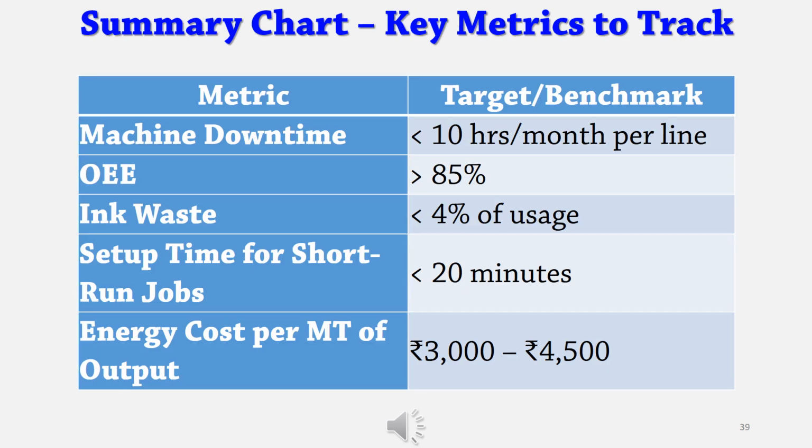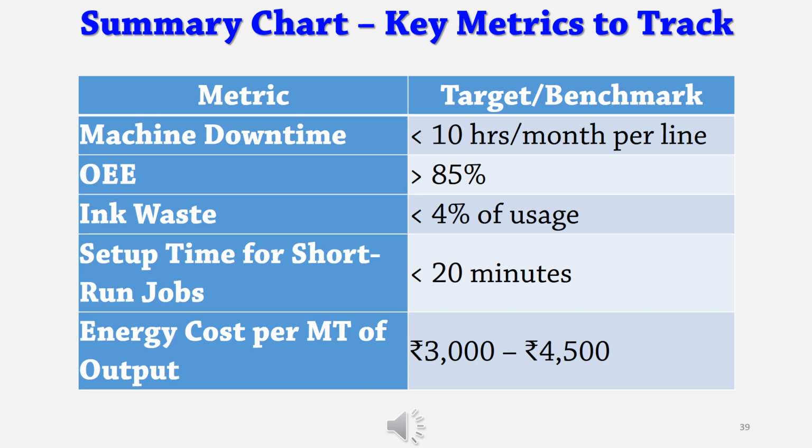Here are the key metrics to track. Machine downtime should be less than 10 hours per month per line. OEE should be more than 85%. Ink waste should be less than 4% of usage.